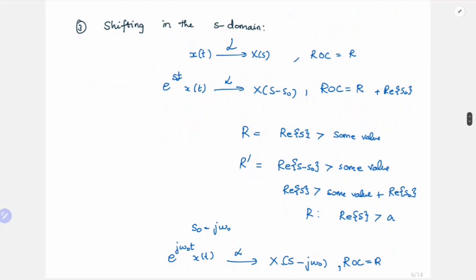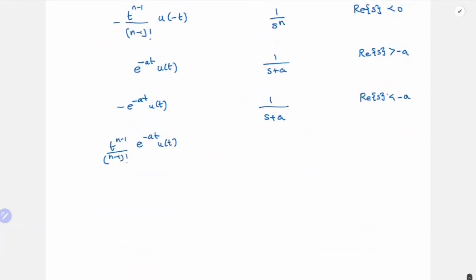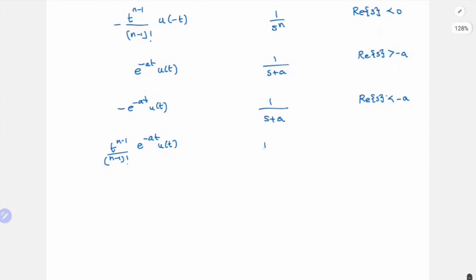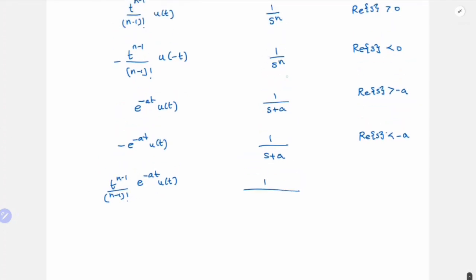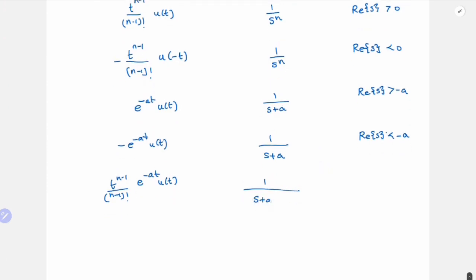Shifting in the S domain, we had the factor S minus S naught. Now it is minus, so we just need to replace S with S plus S naught. So we take this one and replace S with S plus a, and your region of convergence will be the same.